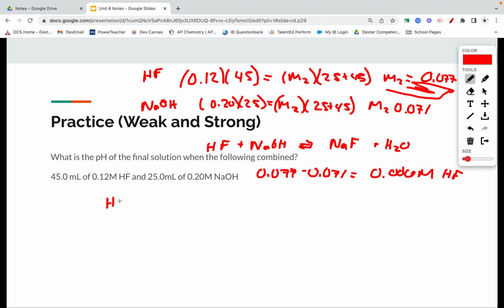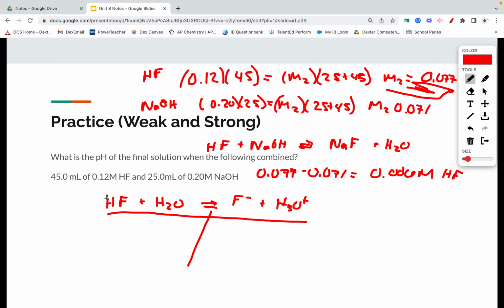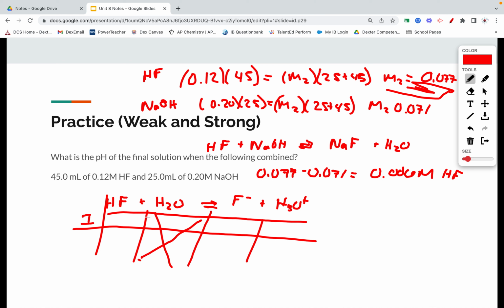So we have our dissociation of our acid. We've got to make our ICE table for that. Remember, we're not worried about water, so we can just take that one off. It's just a liquid. So our initial concentrations are going to be based upon up here. Our initial concentration of hydrofluoric acid is what we calculated after the dilution.